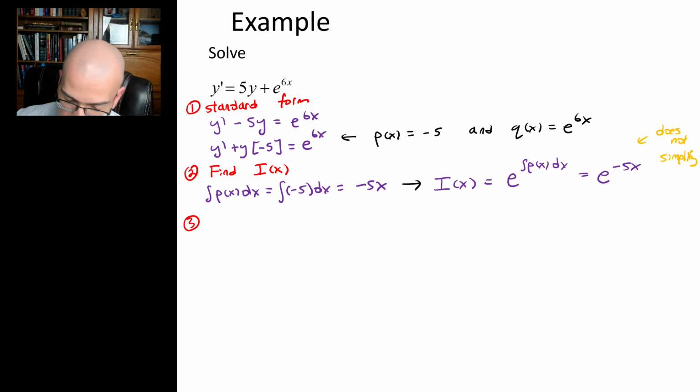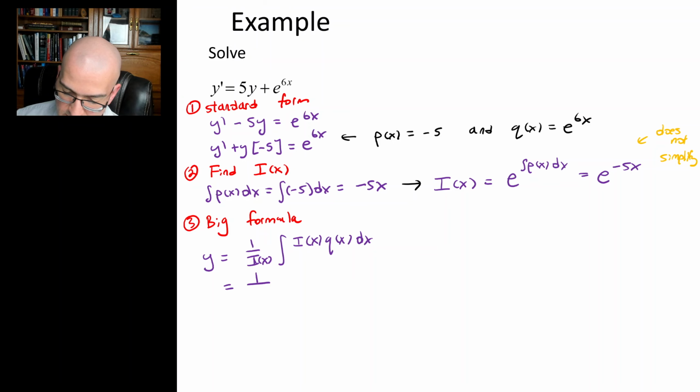Okay, step 3, big formula. So y is equal to 1 over I of x times the integral of I of x times q of x dx.